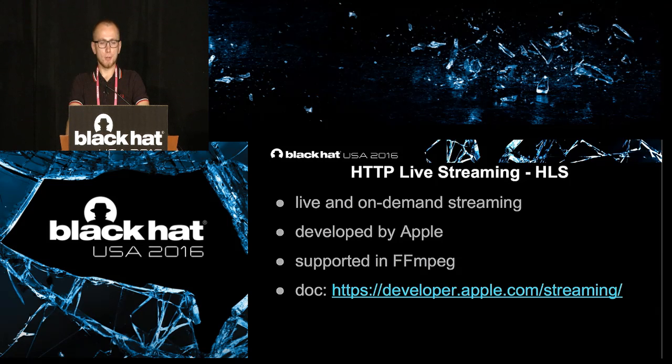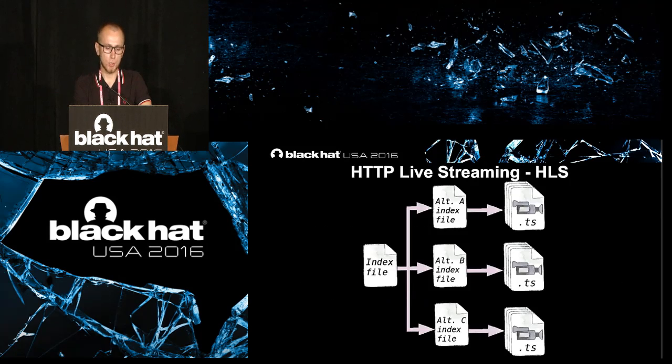And now let's talk about HLS. It's a format which is supported by FFmpeg. It's developed by Apple for live and on-demand media streaming. The main idea of that format is to have a main index file where you can find links to alternate index files, and where you can find links to actual video pieces.